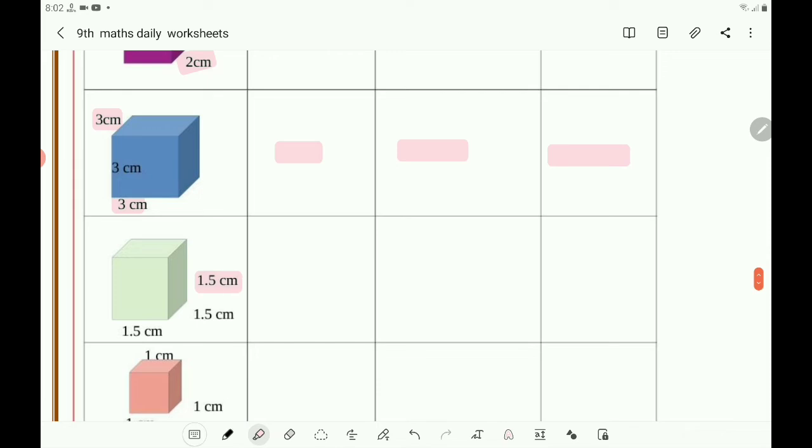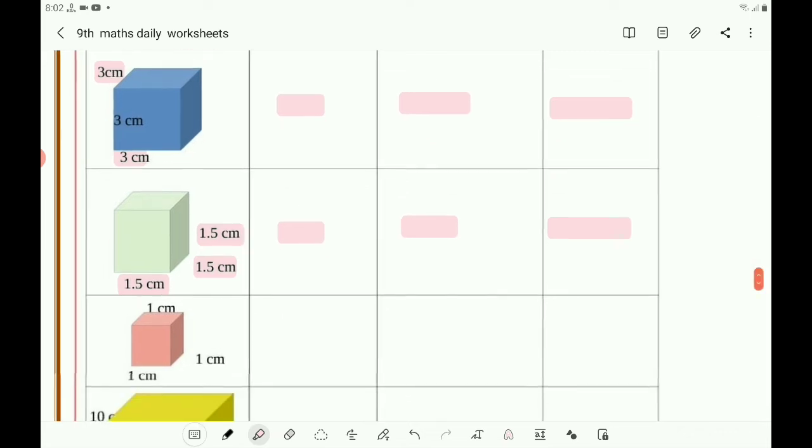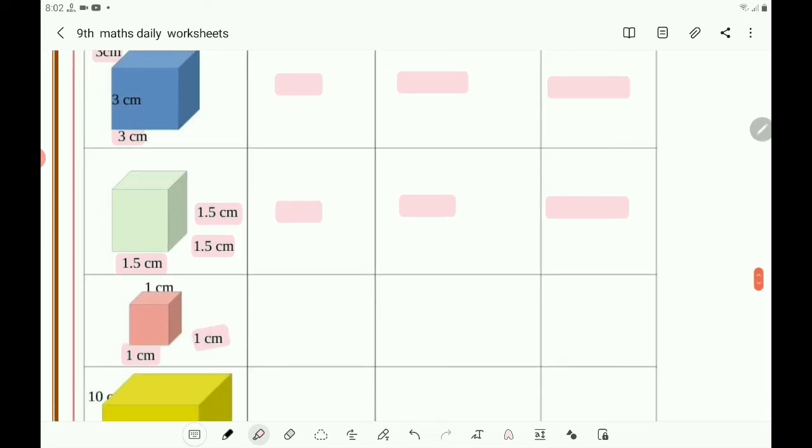Similarly, a equals 1.5 centimeter. Write 1.5 centimeter here and 1.5 into 1.5 into 1.5, that is the cube of 1.5, and write that cube of 1.5 with cm cube. Then here a equals 1 centimeter, right? 1 centimeter here, 1 cube, 1 into 1 into 1, you will get 1.